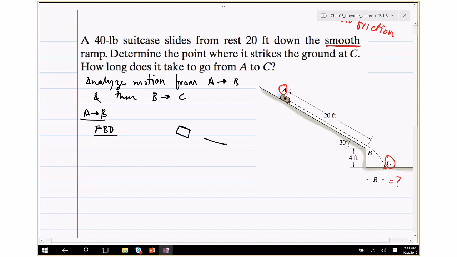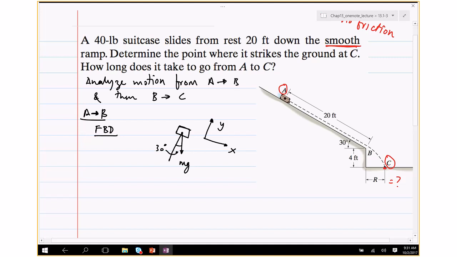I'm going to assume that x is along the inclined plane, y is normal. Show all the external forces, so there's mg. This is 30 degrees, like I showed you last time. The angle made by the normal to the inclined plane with the vertical, that is along the gravitational direction.